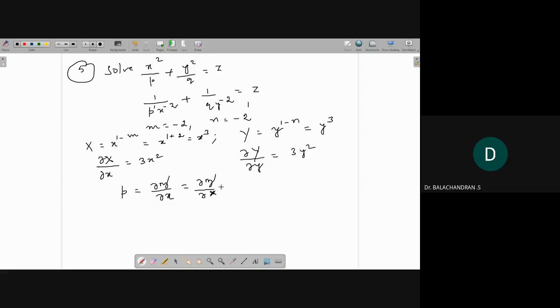Dou z by dou capital X into dou capital X by dou small x. So this is equal to, this is actually what? This is capital P. This is 3x square.